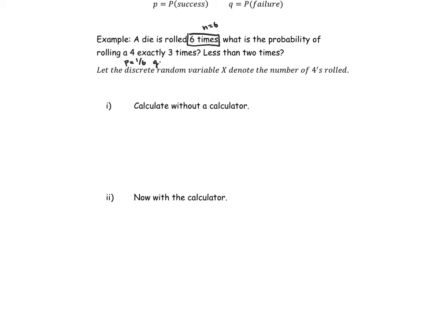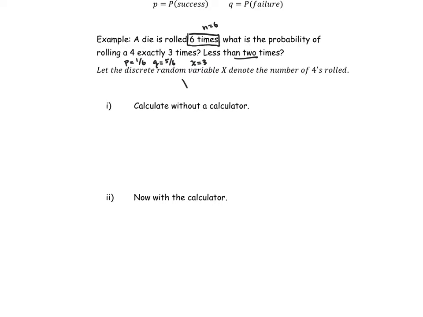Thus, q is 5/6. Okay, and of course here I want x to be 3 times. So success is rolling a 4. The number of times I want to roll a 4 is 3 times. Okay, so we'll look at less than 2 times here in a moment. So we're going to calculate this without a calculator first, then with a calculator second.